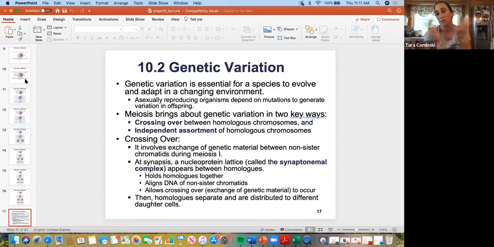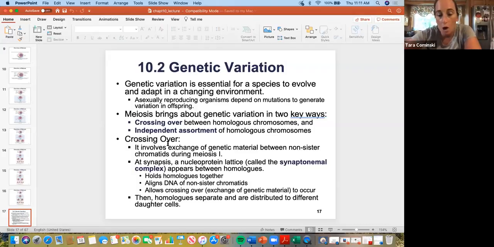Meiosis is the production of sex cells. The only place it's happening in the human body is either in the ovaries or in the testes, okay? So obviously it's super important that all of those cells are genetically different. This is why you're not the same as your brother or sister, because there's tons and tons of genetic variation involved in meiosis. And again, one is crossing over and the other one is independent assortment, okay?